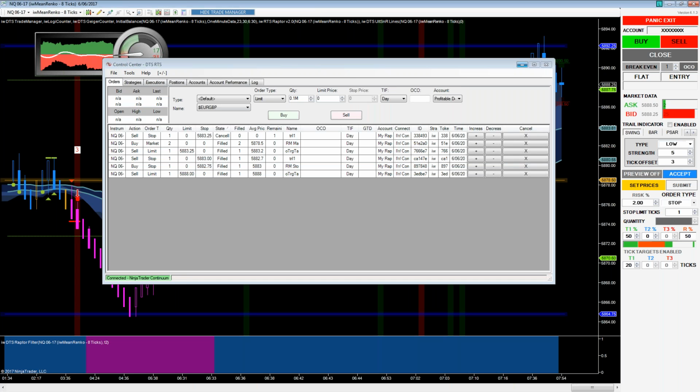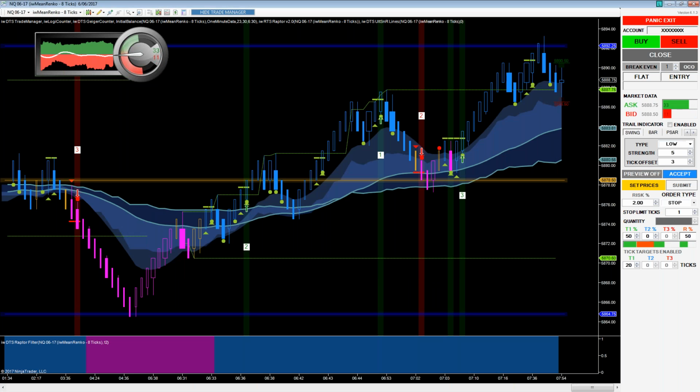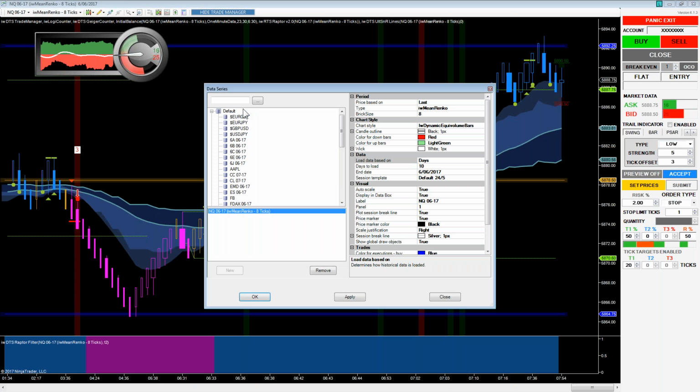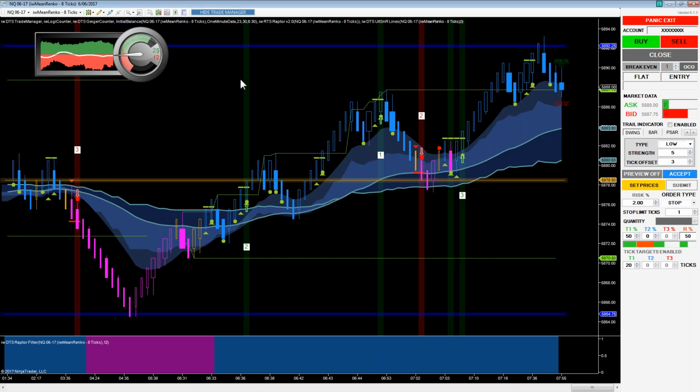My data series is 8 ticks, and I have 10 days loaded, which I believe is also the default. Aspen says today his chart's slightly different than mine as well.